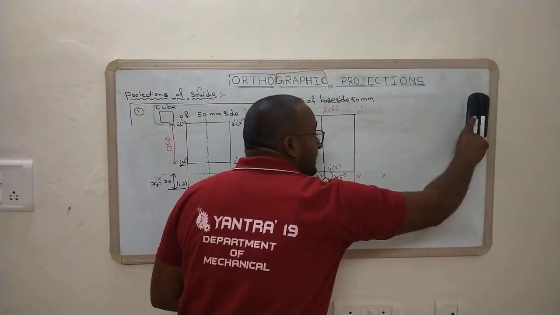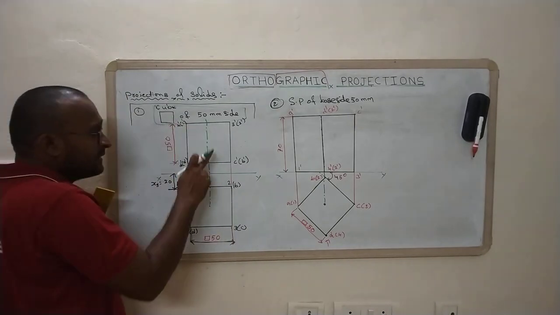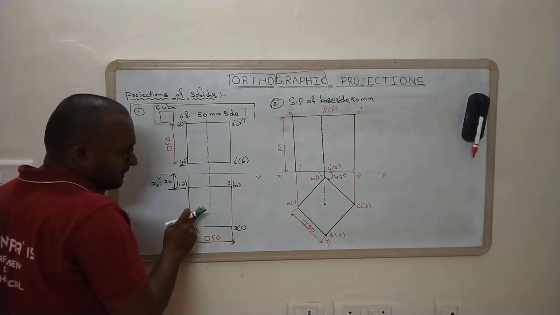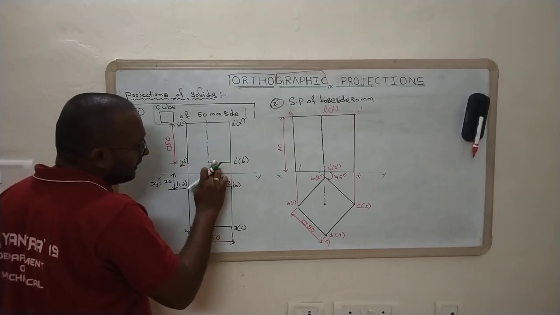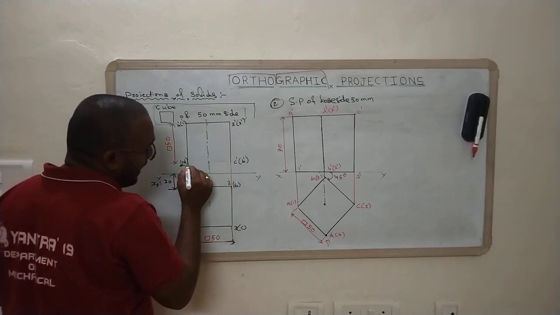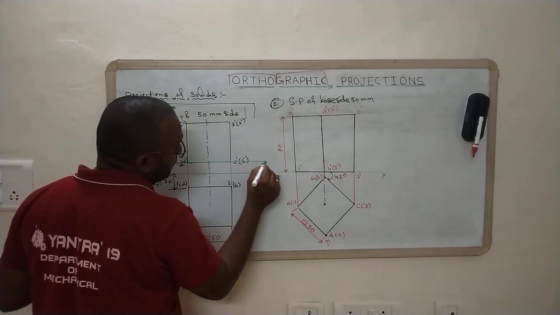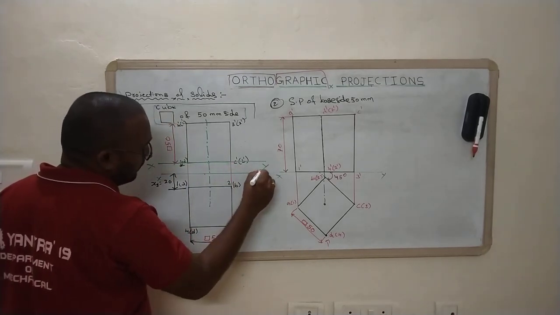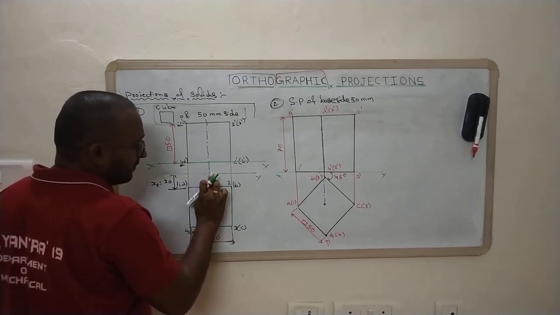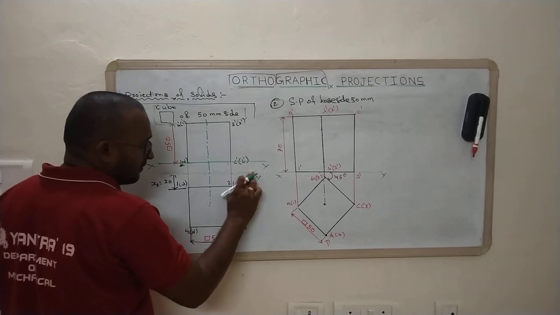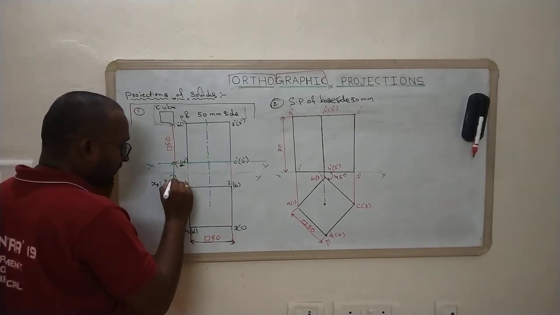Basically it is resting with its base square face on HP, so the XY should be here, and then here to here is 20 mm.